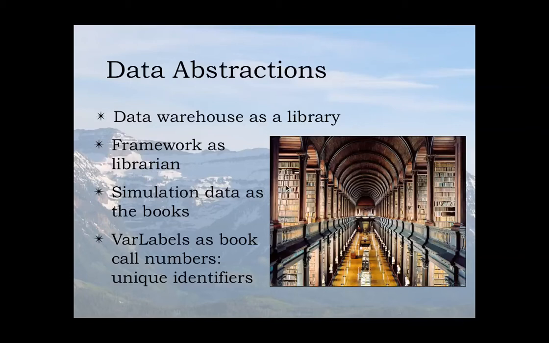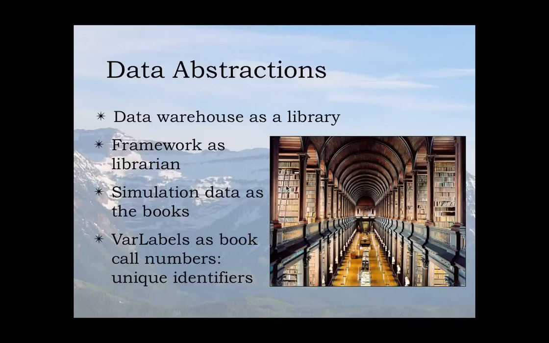Each book in here has a call number, and that's how you retrieve it. You say, I want this book, here's its call number, and then using that call number, you can get that book. Similarly, when you create a var label, this is a variable label, the variable labels I talked about. These variable labels are like the call numbers.